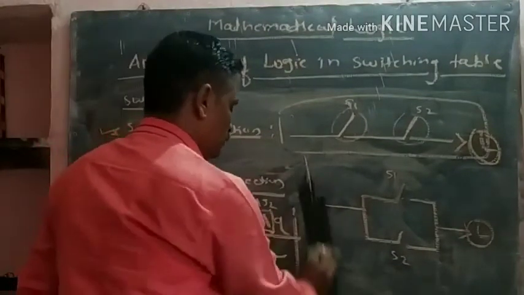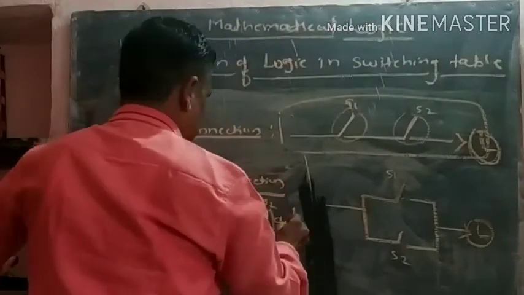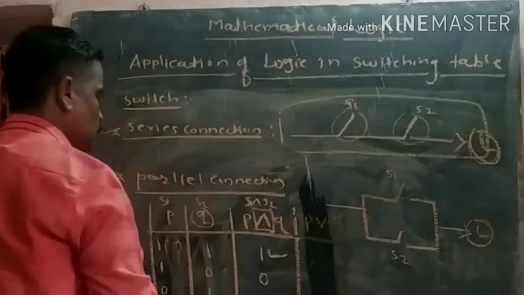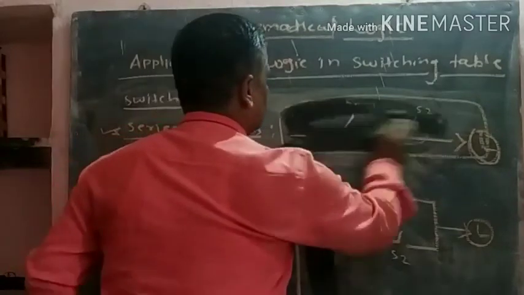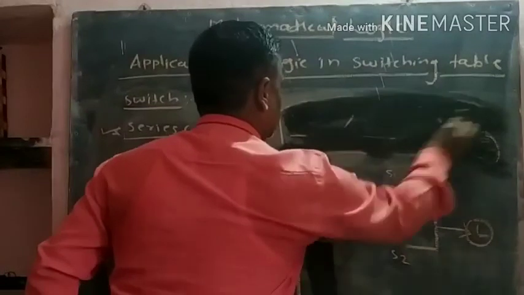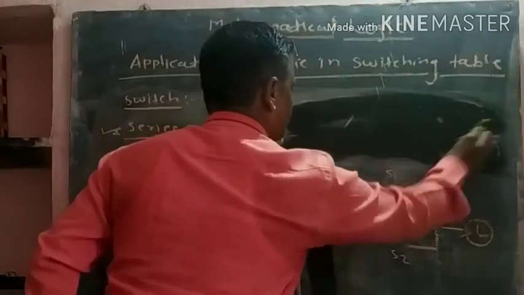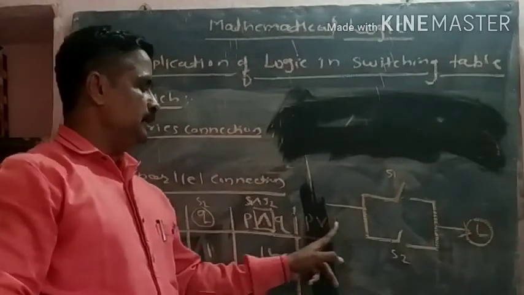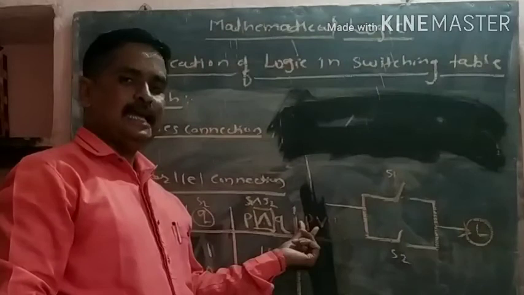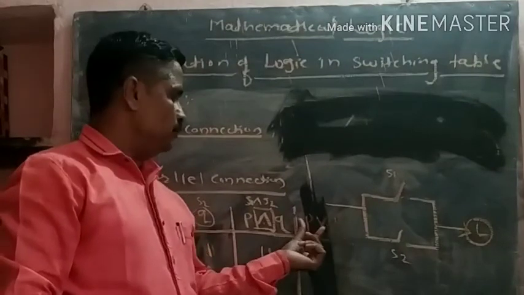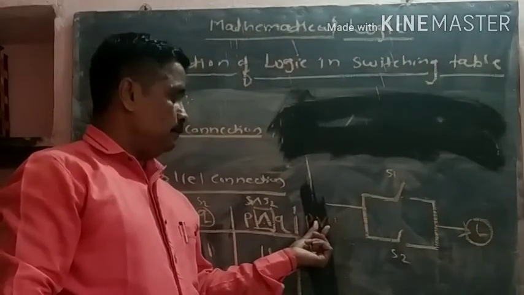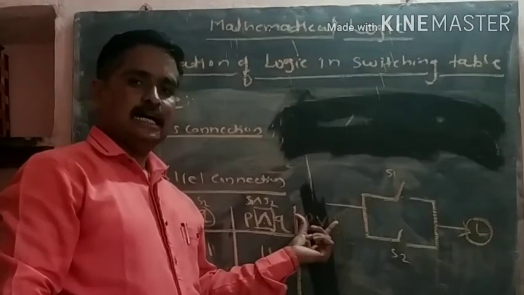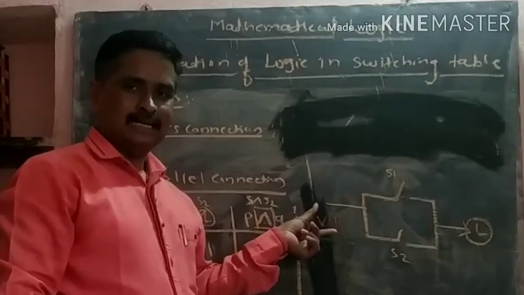So we have the disjunction operation, P disjunction Q. Observe this, P disjunction Q, where P is S1 and Q is S2, and the two switches are connected by a parallel connection.